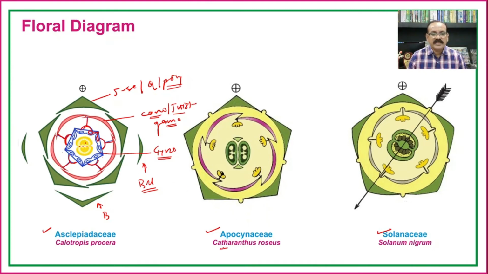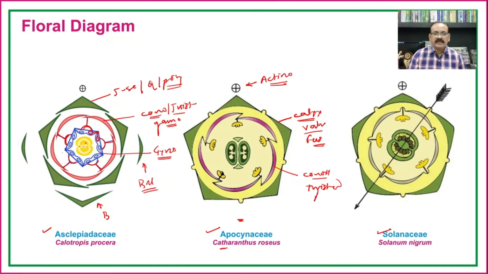In the family Apocynaceae, that is Catharanthus roseus, which is again one of the common plants, the flowers are actinomorphic and ebracteate, and hence the bract is not drawn in this floral diagram. Then the calyx is 5 with valvate estivation and gamosepalous. Then the corolla, again 5 with twisted estivation, and they are also fused, that is the gamopetalous condition.